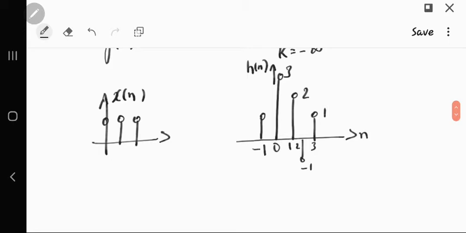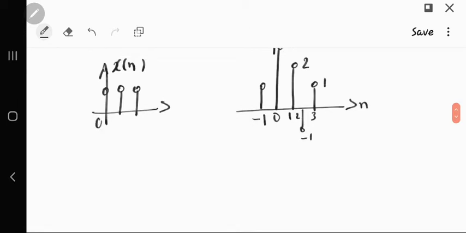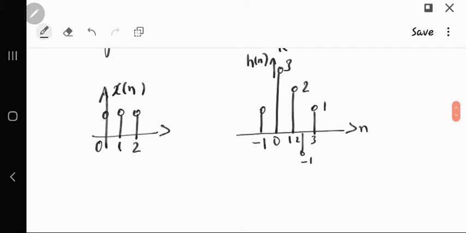So now let us start solving this. I will take one sample of x of n at a time, and that will be multiplied with the entire h of n.